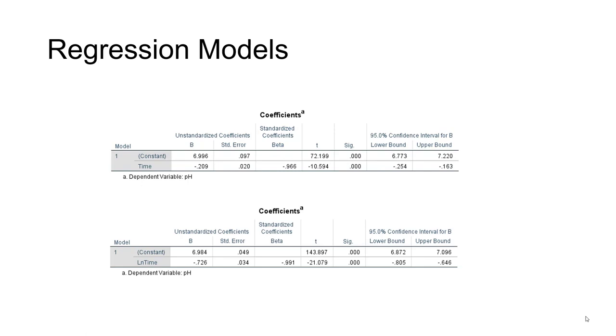You've got a confidence interval of minus 0.805 to minus 0.646 compared to minus 0.254 to minus 0.163. In both these models, there's still no way you could distinguish between using the time model or using the log time model.